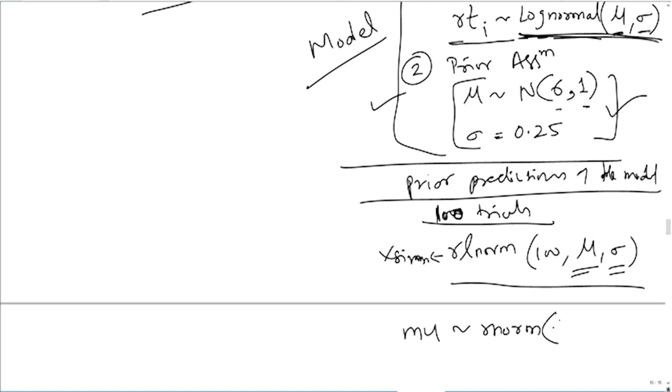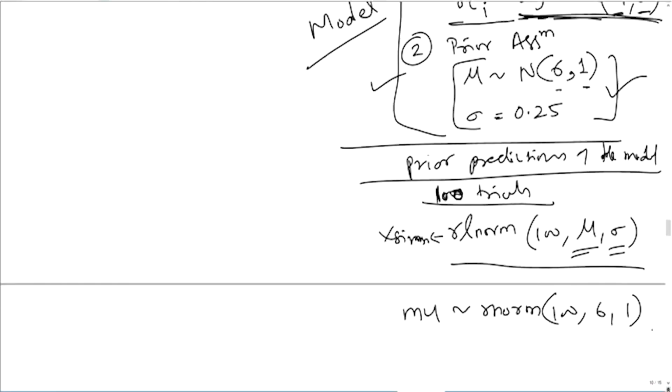Let's say I draw 100 samples of mu from a normal distribution with mean 6 and standard deviation 1. And sigma remains fixed, so we don't need to worry about it. Sigma is always 0.25. Now let's say 500 samples of mu from its prior distribution, just to make a distinction.